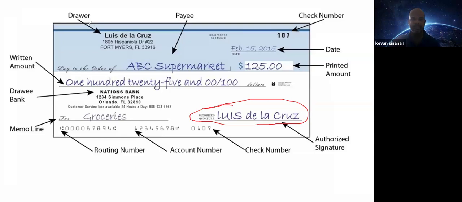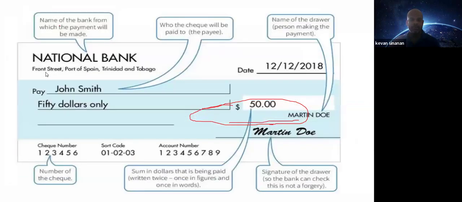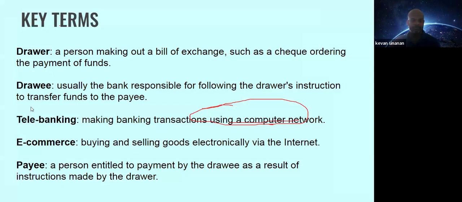Most of the time you identify it as the signature, the person who signs off on it. The drawee is the bank that is usually responsible, and the payee is the person who is entitled to the payment, or who is receiving the payment.